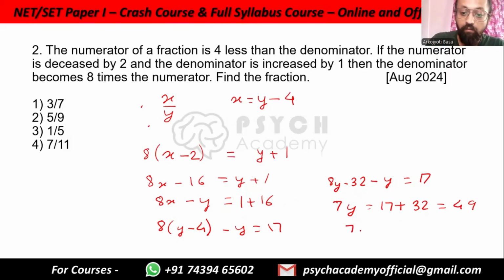That is 7y is equal to 49, y is equal to 7, 49 divided by 7. So if y is 7, then x is equal to 7 minus 4 is equal to 3. So x by y is equal to 3 by 7. First option.